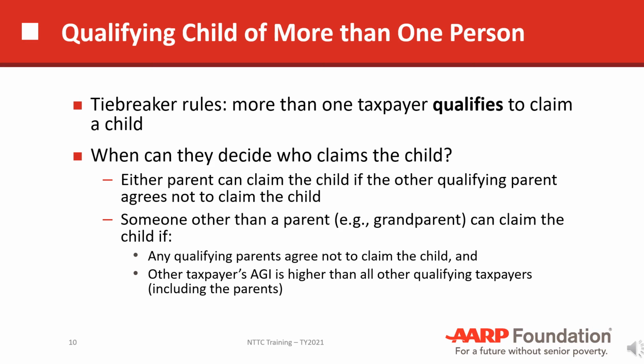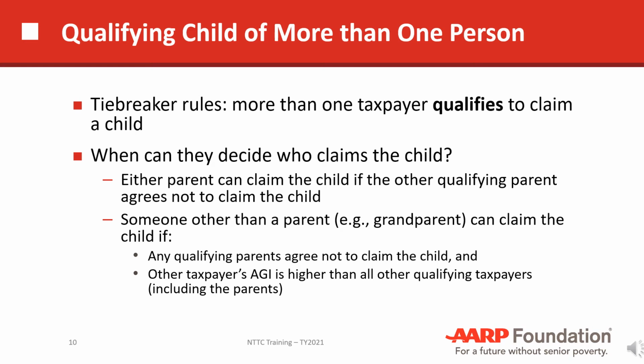So either the parent can claim the child if the other qualifying parent agrees not to claim the child, or if there's someone other than a parent, such as perhaps a grandparent, that grandparent can claim the child if any qualifying parent agrees not to claim the child, first of all, and then the other taxpayer, for instance, the grandparent, would need to have an AGI that is higher than any of the parents.